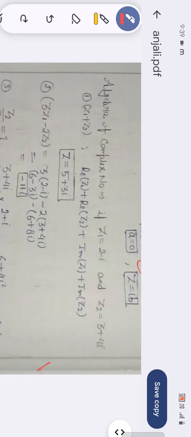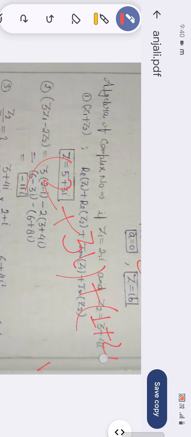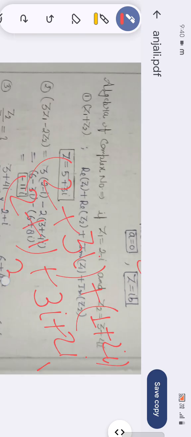For example, if you are given 2 plus 3 iota plus 1 plus 2 iota, we separate the real numbers and the imaginary numbers. The real numbers are 2 plus 1, and plus 3 iota plus 2 iota. So 3 plus 5 iota. This is the complex number. Is it clear?